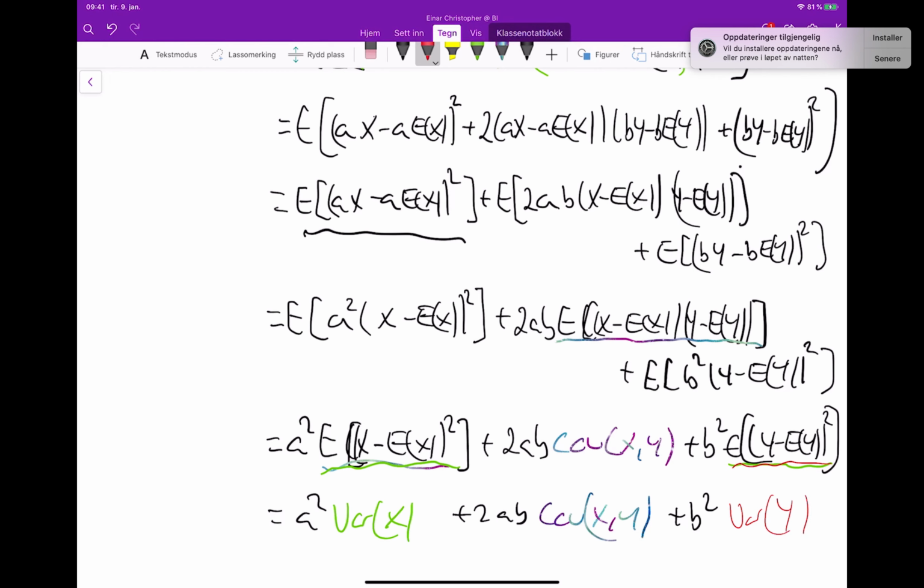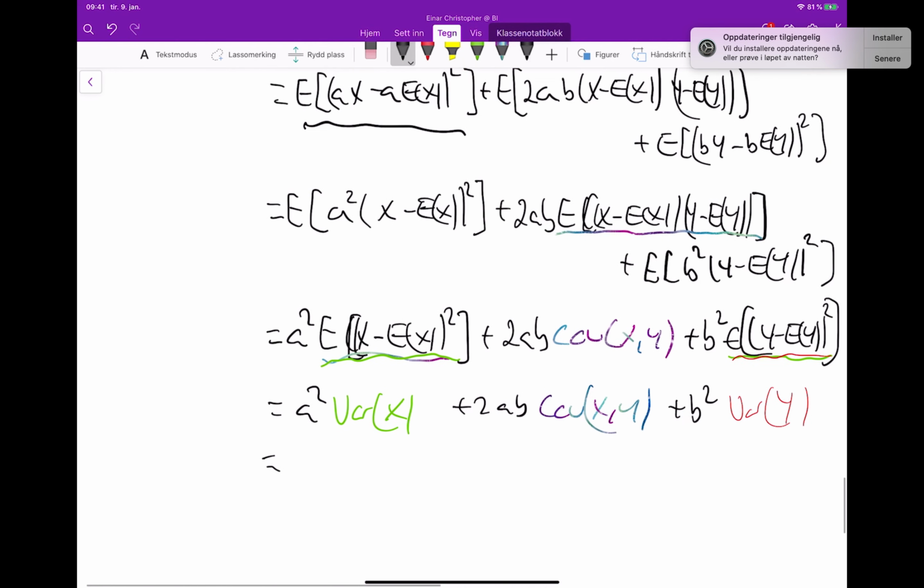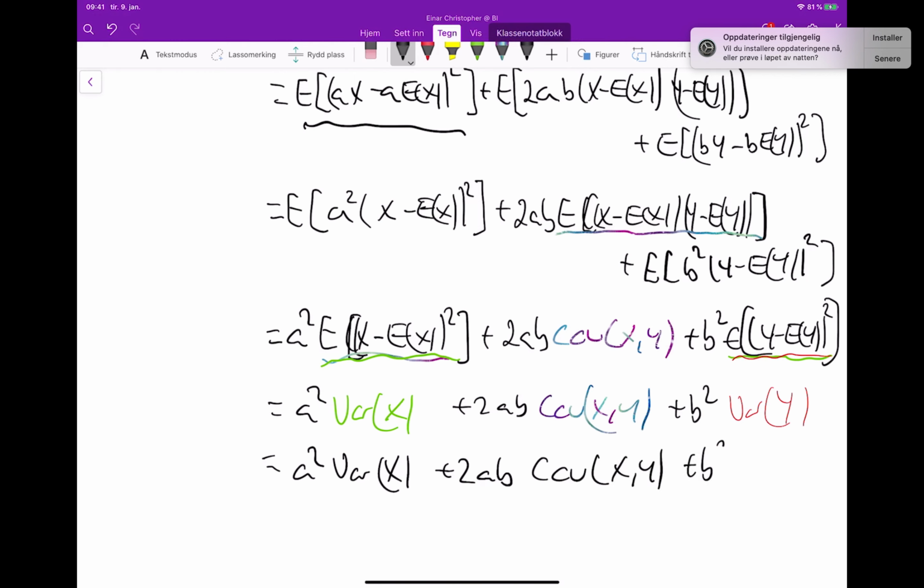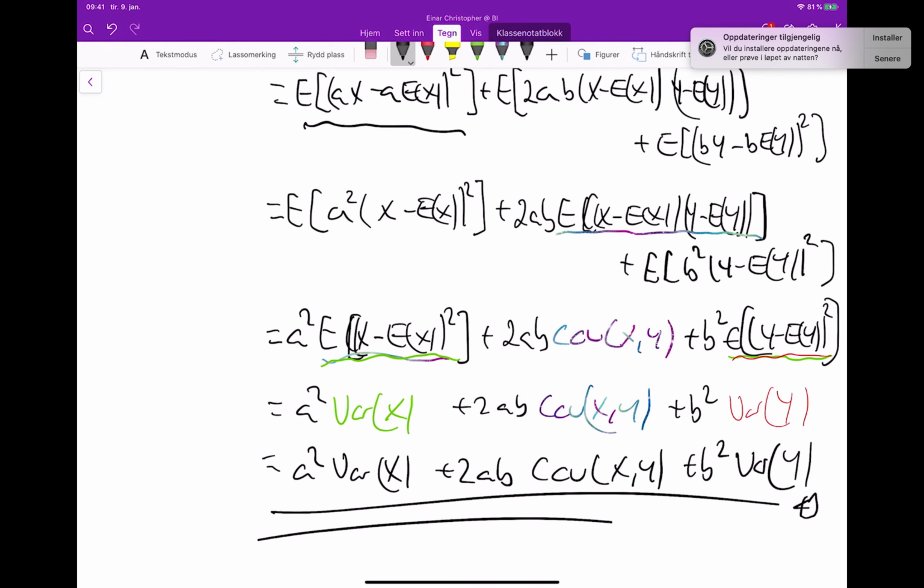And this was what we were going to show. So everything's perfect, but we could write everything in black. So the result is a to the power of 2 variance of x plus 2ab covariance of x comma y plus b to the power of 2 variance of y. Okay, everything nice. So then it's exercise 2, and we take that in the next video.